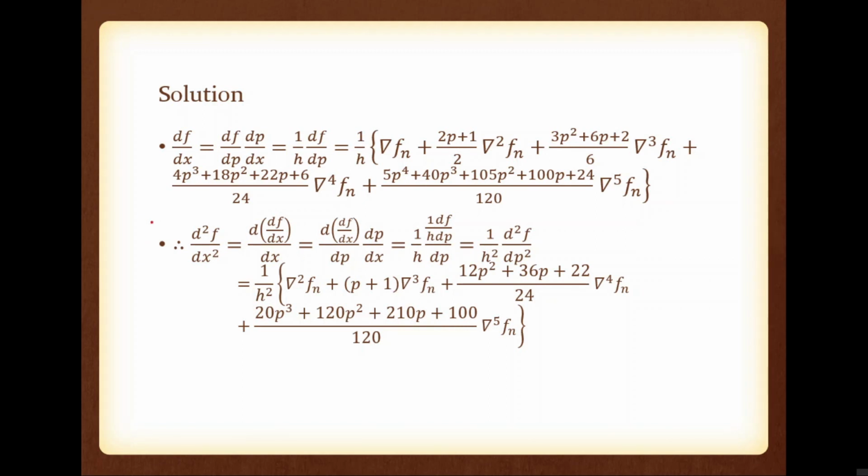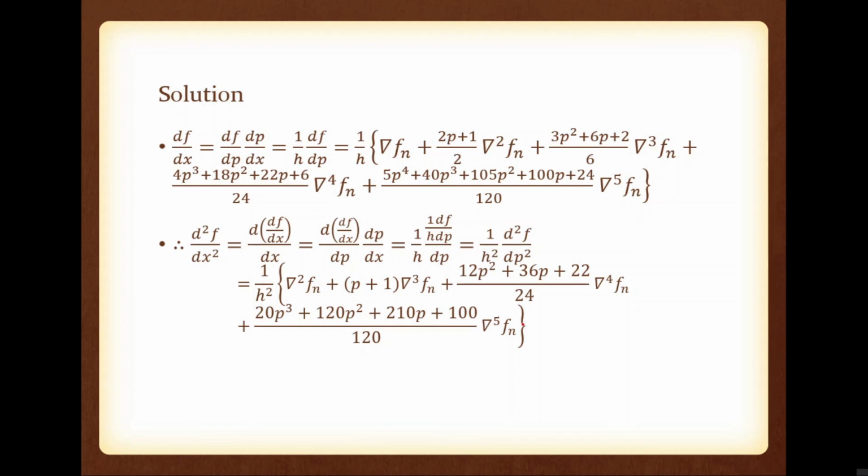Plus derivative of this term is 12p square plus 36p plus 22 divided by 24 into del raised to 4 fn plus derivative of this last term is 20p cube plus 120p square plus 210p plus 100 divided by 120 into del raised to 5 fn. So this is d square f by dp square up to del raised to 5 fn.